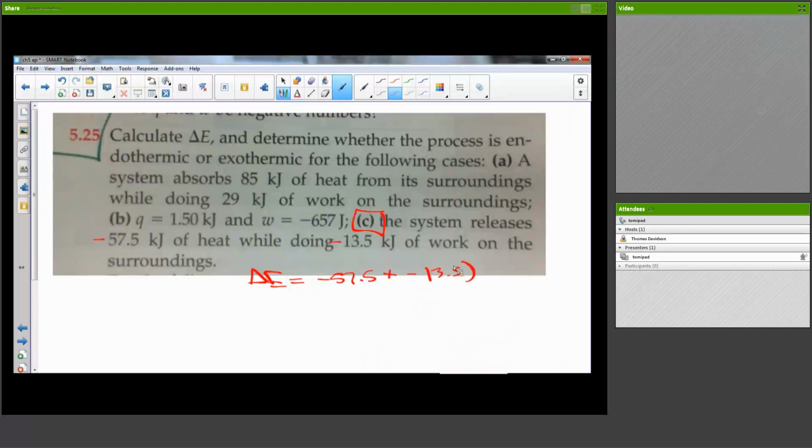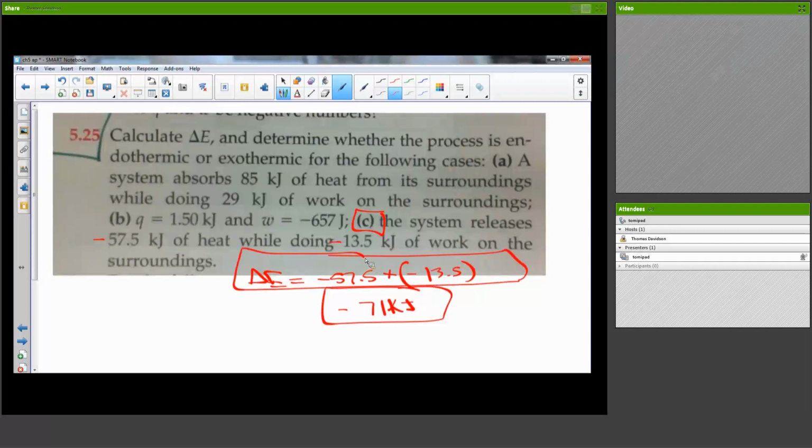So really I'm just subtracting and I end up with negative 71 kilojoules. I did that last hour too. 71 kilojoules. Who had that answer? Good. Who had all three of them? Good. Who's grateful that, man, that wasn't very hard. I can do algebra all day long. Okay, well good. Let's see if you really can.